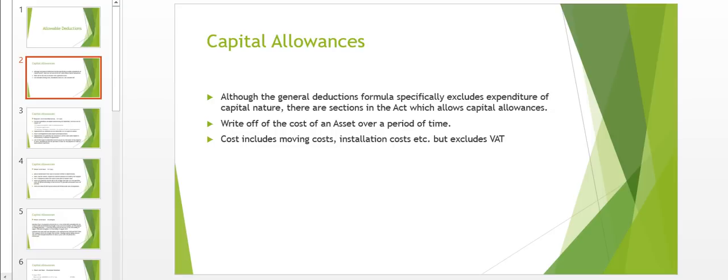Your cost includes anything to get the asset ready to start in the manufacturing, or any moving costs, installation costs, or costs relating to getting an asset ready for use. But very importantly, these costs have to exclude VAT, because VAT is dealt with separately in the Tax Act.